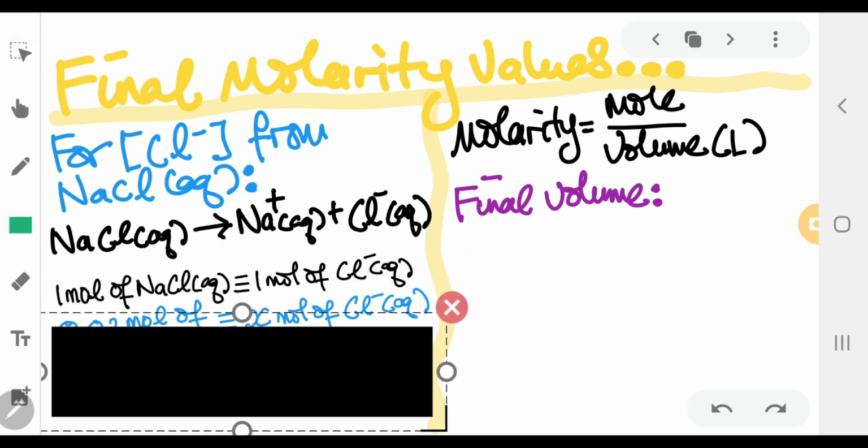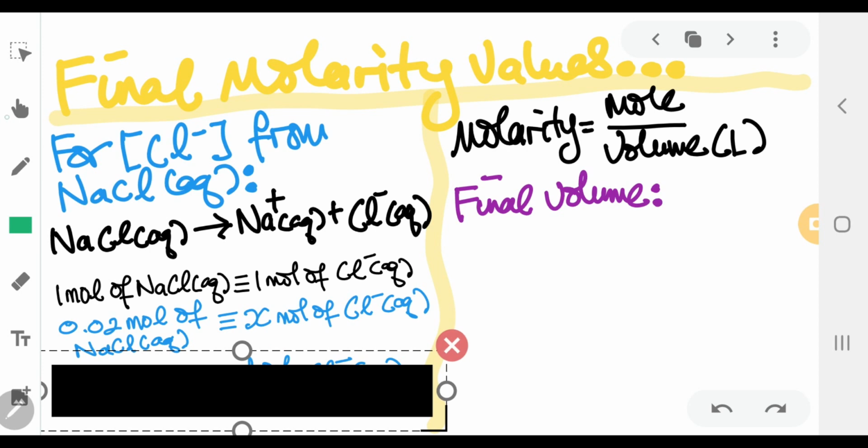So you can do proportionality like this. From the balanced equation, 1 mole of NaCl aqueous would be forming 1 mole of Cl minus aqueous. In the question, we've got 0.02 mole of NaCl aqueous, and how much is that for Cl minus aqueous?